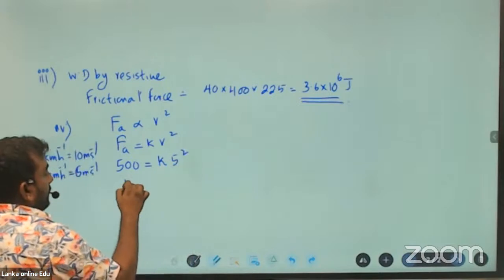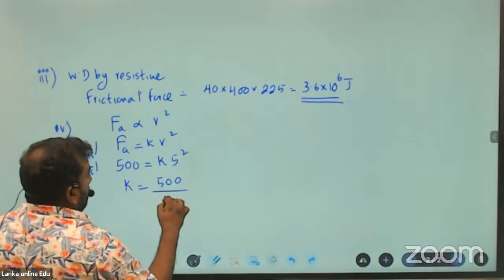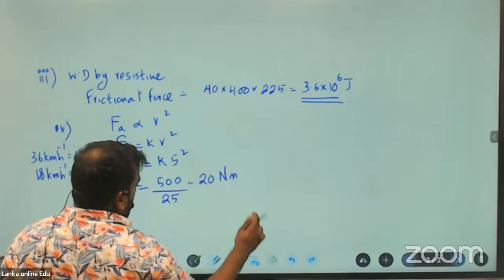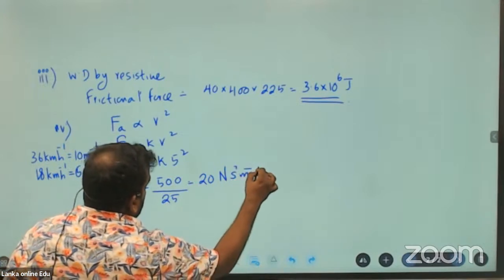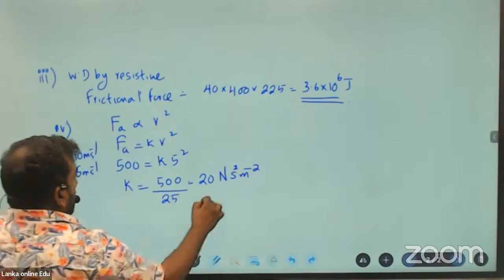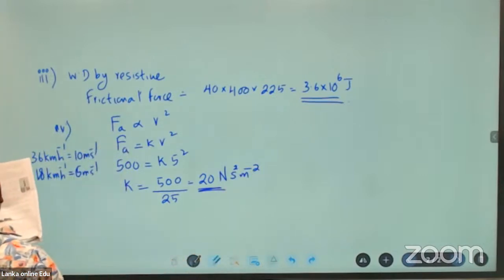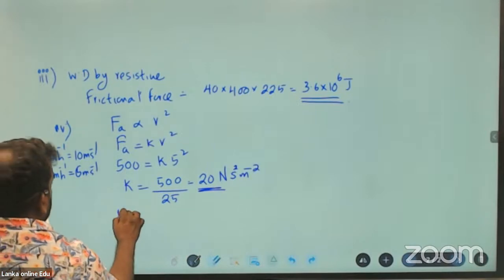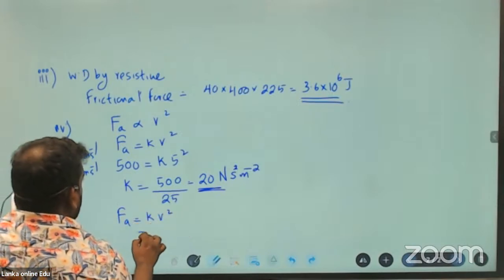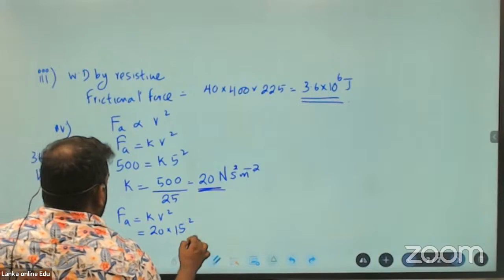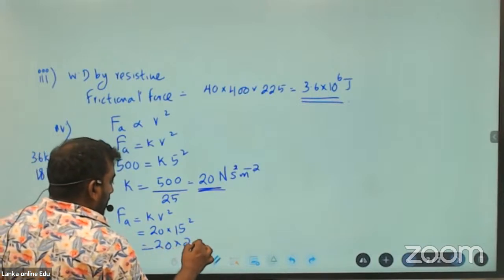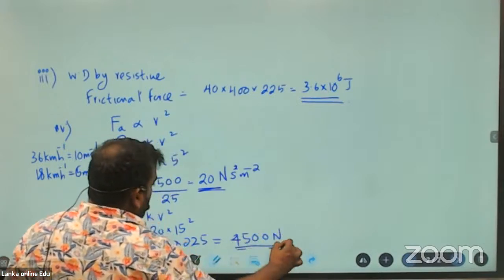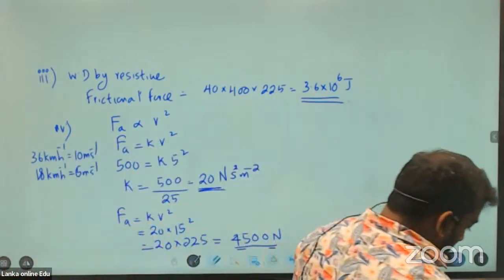K is equal to 500 divided by 25. Your answer is going to be 20 newton second squared per meter squared. K is 20. Now they're asking you to find the air resistive force. Air resistive force is kV squared. V squared is 15 squared. 20 multiplied by 225. How much? 4,500 newtons. So there you go, 4,500 newtons.